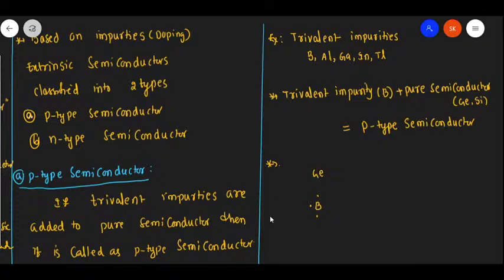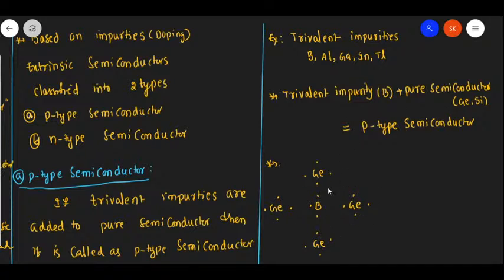Germanium is tetravalent, meaning four valence electrons are present in germanium: 1, 2, 3, 4. So four valence electrons are present in germanium, and I am adding one boron atom to the germanium sample.